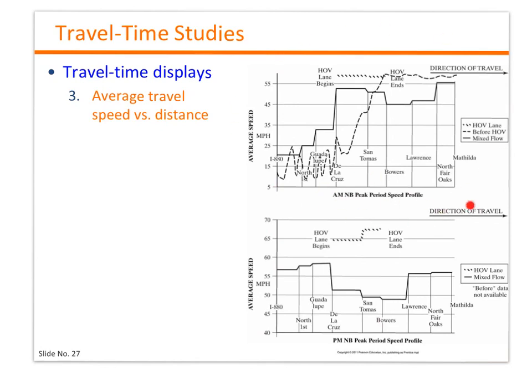The first example here is with the presence of the HOV lane. As you can see here, we have the HOV lane, we have before HOV, we have the mixed flow. So the continuous line is the mixed flow, and you can see that the speed increases pretty significantly once I introduce the HOV lane. So before the HOV lane, the speed was low.